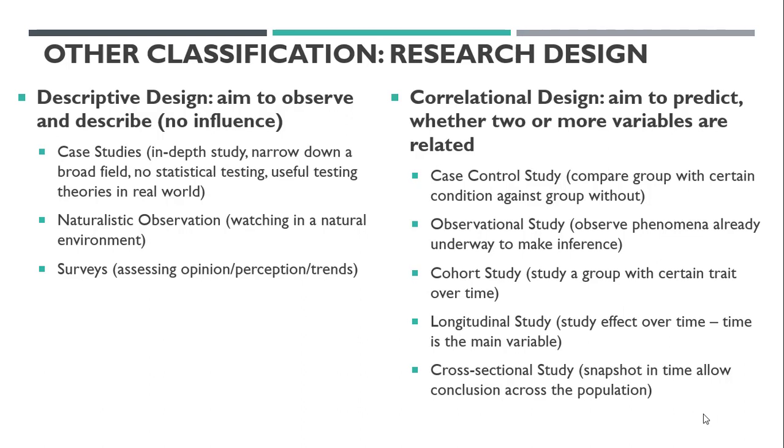Then we have the observational study. You observe a phenomenon that is already on the way, and you make inferences. So we could look at corruption prosecution across the country, or the execution of the face masks campaign, that people should wear face masks.